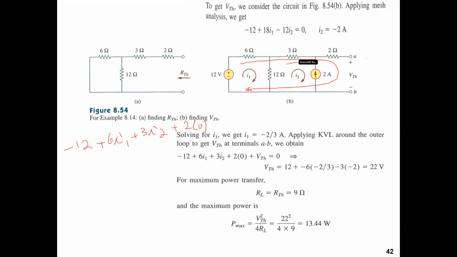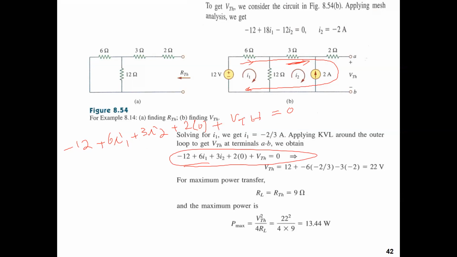There's I2 here, yes, there's I1 here, but there's no current here, and then plus VTH equal to 0, which is this formula. Whatever you use, either this loop or the big loop, that's fine.